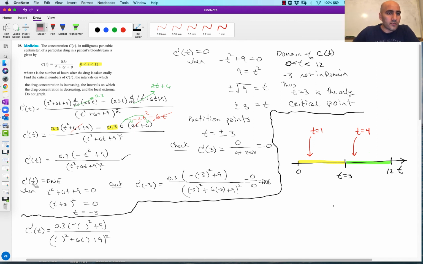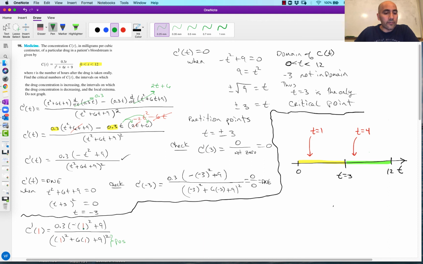So, let's erase this. This is C of t. Evaluating this at 1, and keeping in mind that I don't really care what the value is, I just want to know if this is going to be positive or negative. Well, the denominator is being squared, so no matter what value you choose, you're always going to end up with some positive number in the denominator. Anything squared will be positive. And in the numerator, I'll end up with negative 1 plus 9.